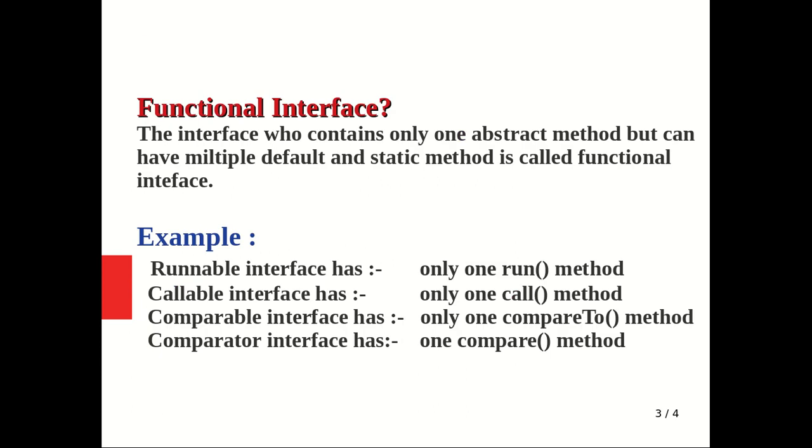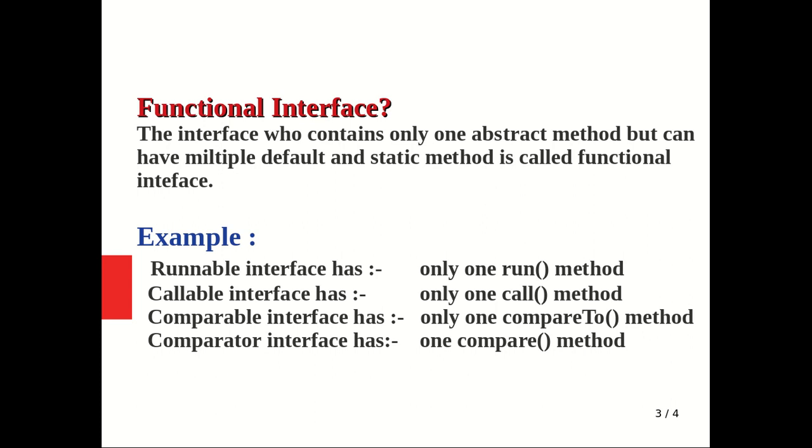A functional interface is a special interface which contains only one abstract method, but it can contain multiple default and static methods. An interface which contains only one abstract method is called a functional interface. If an interface contains more than one abstract method, then it cannot be called a functional interface.